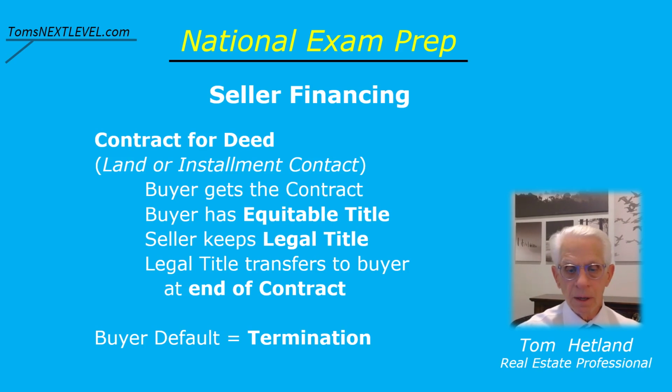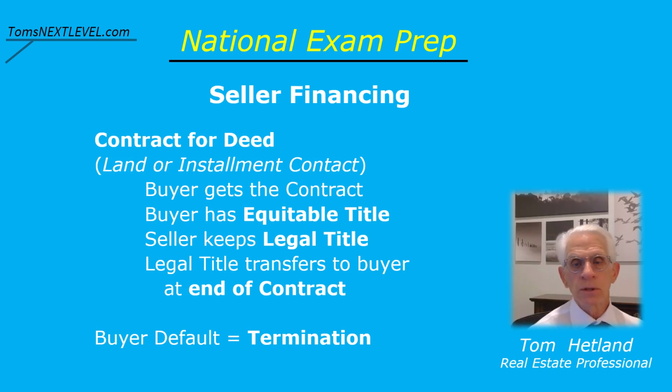So what happens if you default on the terms of our contract before it's up and you're not making the payments and I want to get my property back? Well, when there's a land contract or an installment contract involved and you default, I don't have to go through foreclosure. I terminate the contract. I want you to make a note of that word association.